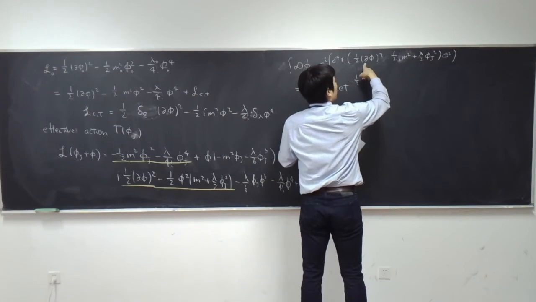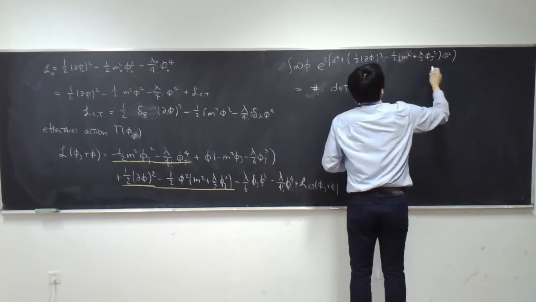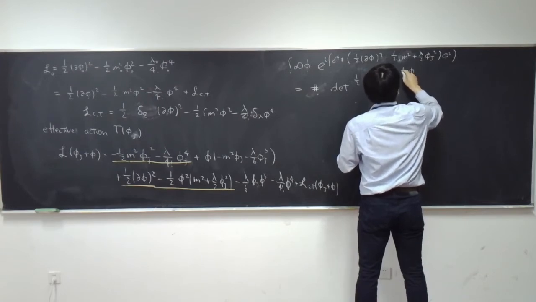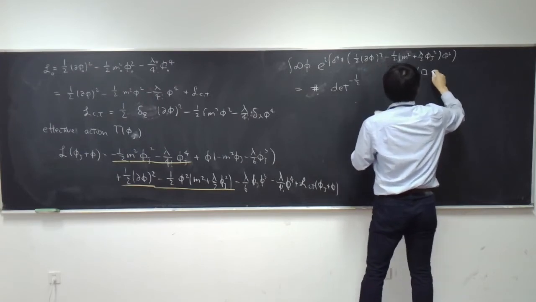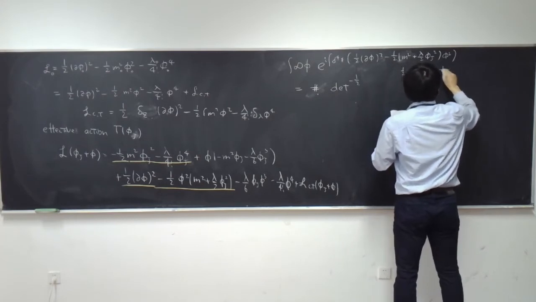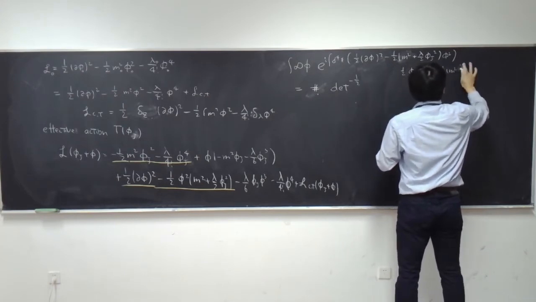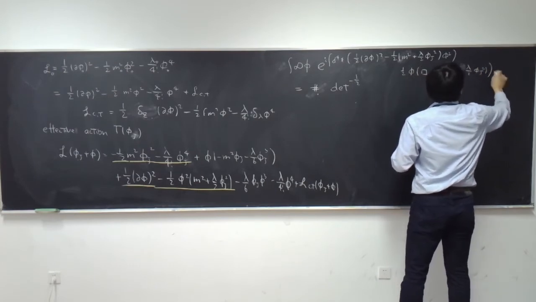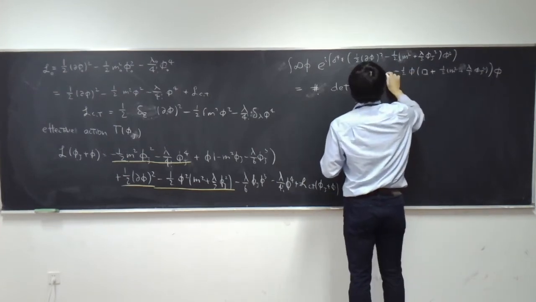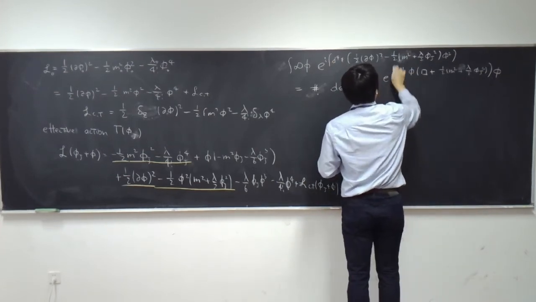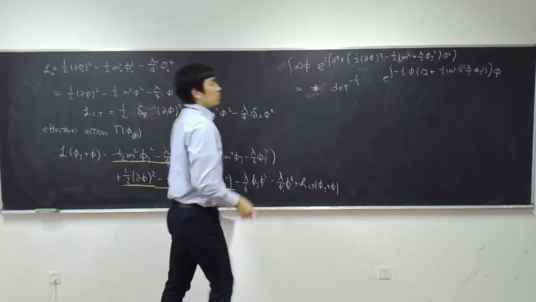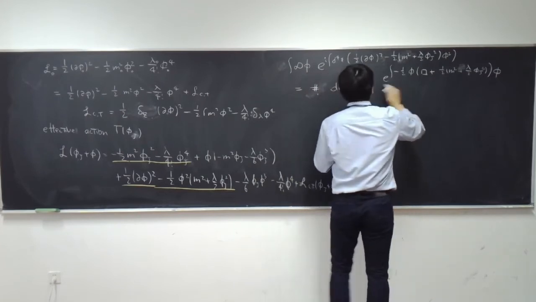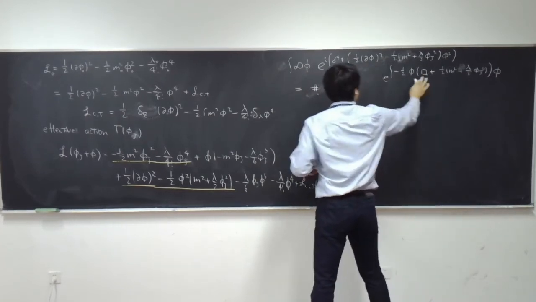This can be written in terms of phi, 1/2 box plus 1/2 m^2 plus lambda over 2 phi_j^2, phi, with a minus sign, e to the integral. Performing the Gaussian integral, you get the square root of the determinant of this operator.